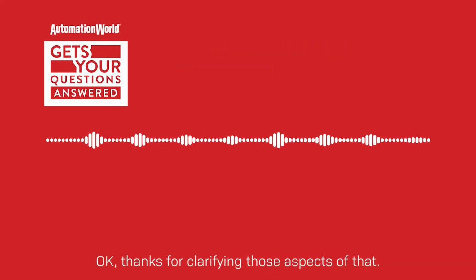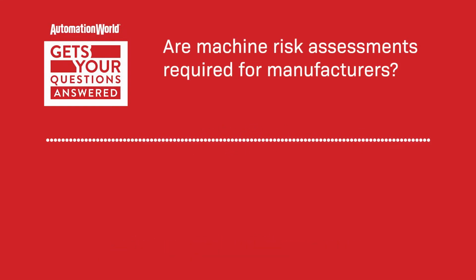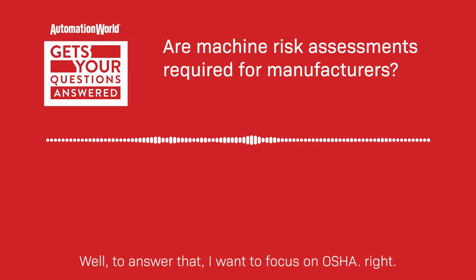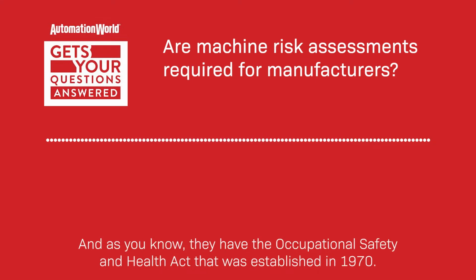Okay, thanks for clarifying those aspects of that. So, are these machine risk assessments required for manufacturers? Well, to answer that, I want to focus on OSHA. Because OSHA, as we all know, that's the law of the land here in the United States. And as you know, they have the Occupational Safety and Health Act that was established in 1970.